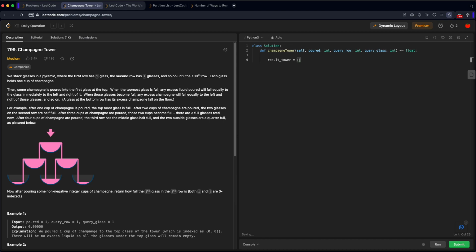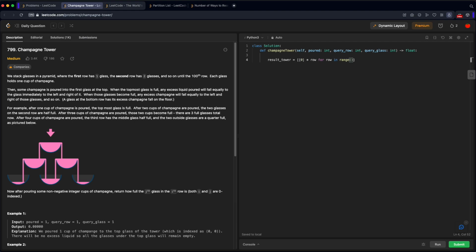All right, so let's pre-fill our result tower with a bunch of zeros. We'll have 1 zero for the very first row, 2 zeros for the second row, 3 zeros for the third row, etc. So the number of elements in a row is equal to the row number: row 1 has 1 glass, row 2 has 2 glasses, row 3 has 3 glasses, and so forth. That's going to be for row in range.